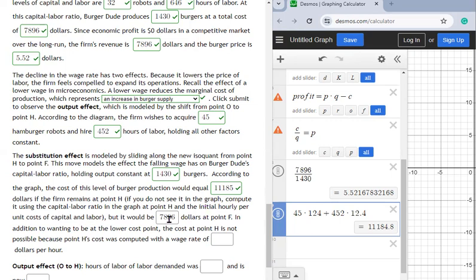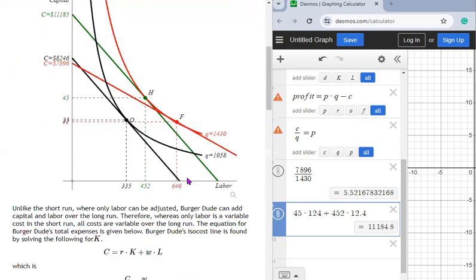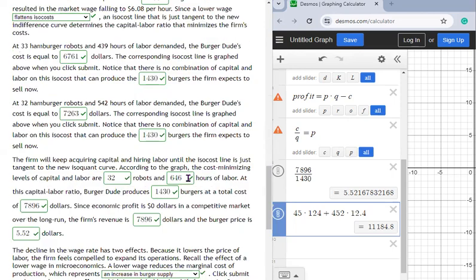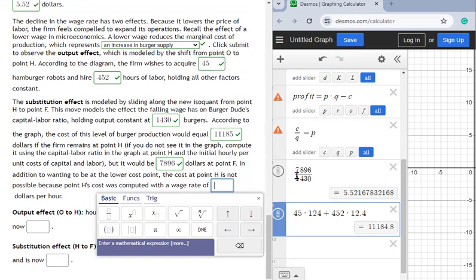Point F is cheaper. Point H is more expensive. Also, point H is not possible because point H is calculated with the old wage rate of $12.40 per hour, right?